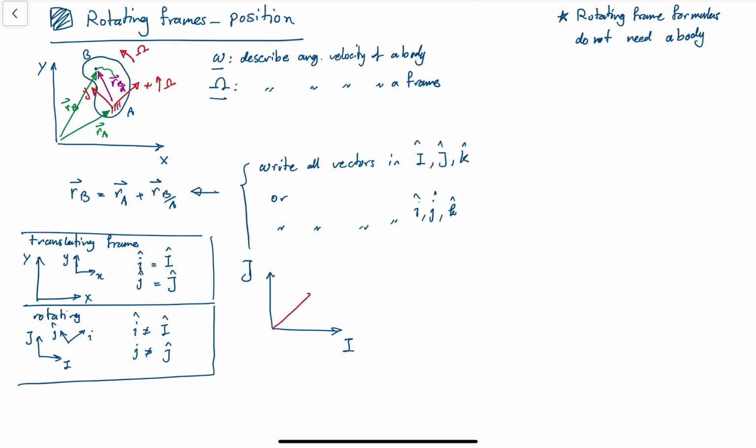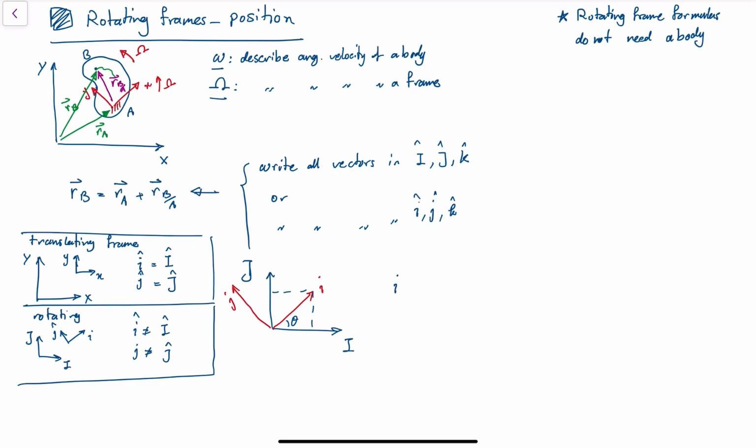So this is little i, this is little j. What you can do, if you have rotated some amount, you can find the coefficients of your little i and little j in terms of the other frame.